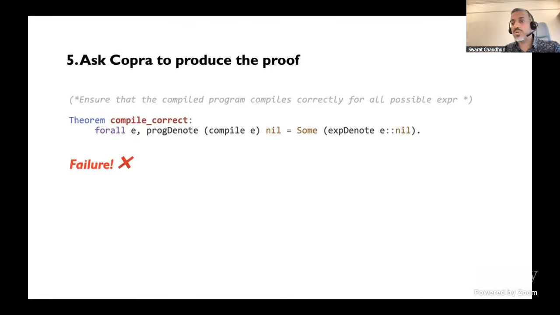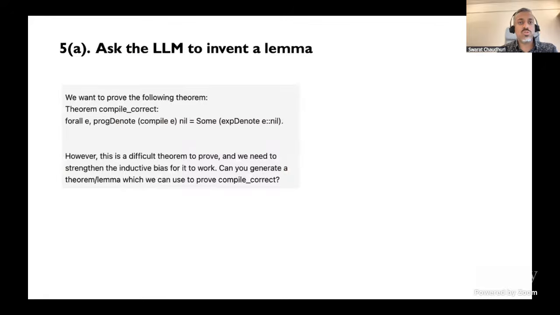Now, it turns out that Copra cannot prove this theorem just in one shot. So what you do instead is you ask the LLM, again, think of the IMO example that I showed. This is quite similar. You ask the LLM to invent a lemma, an intermediate goal.